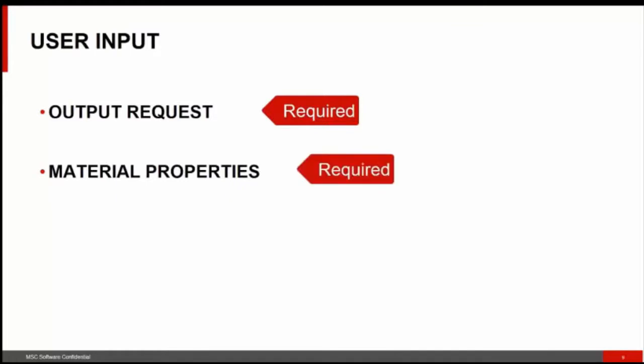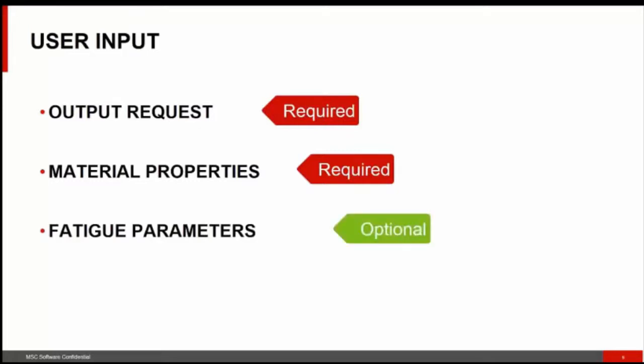The other option that's important to have are the material properties. Just like any other analysis where you define your E or nu, in this case also you need to define the fatigue material properties for the SN or the EN curve. Another option that is not required but is optional to the user is benefiting from additional fatigue parameters.